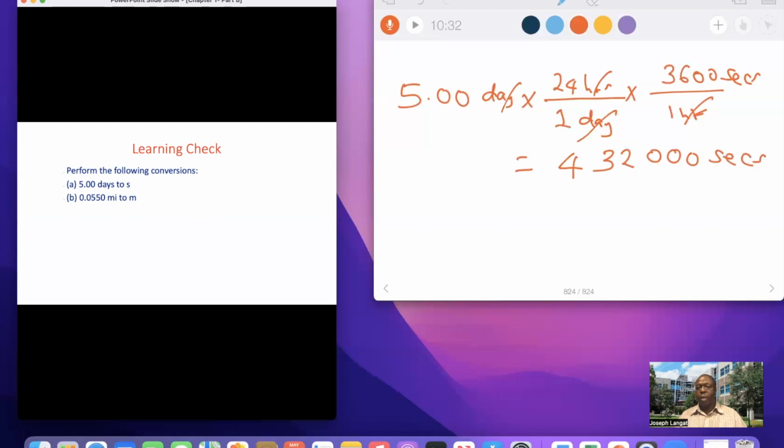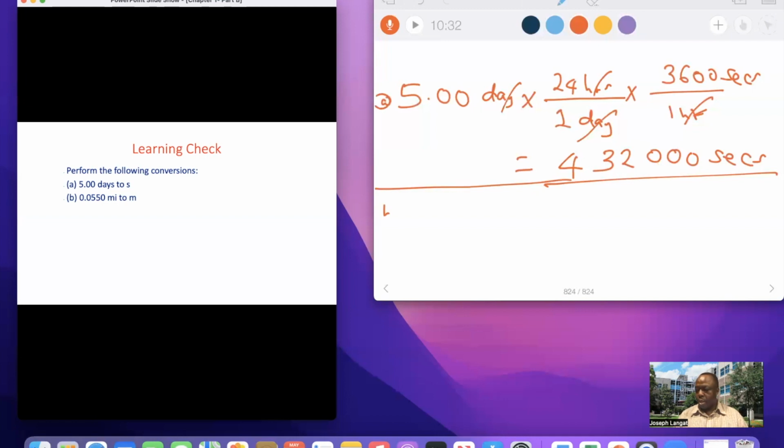Zeros are not place of decimal, so they don't count. 432 means 3 significant figures. That's the answer, unless you express it in scientific notation, it's up to you.